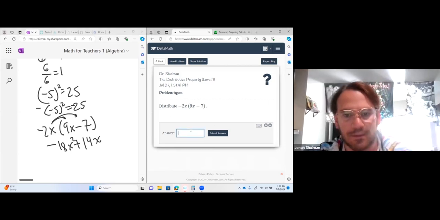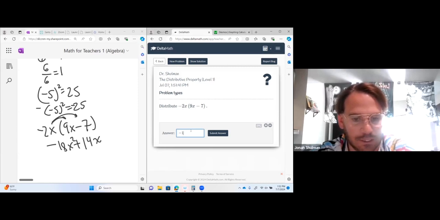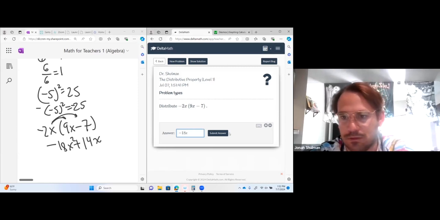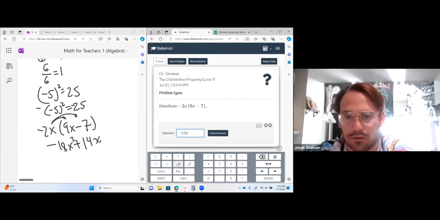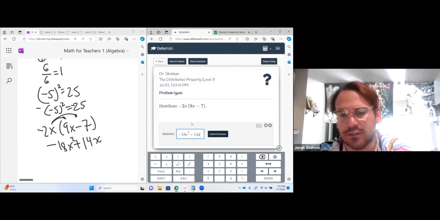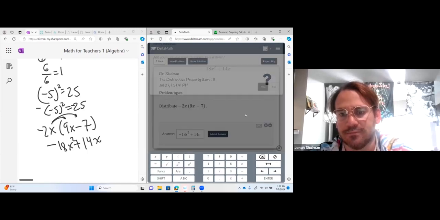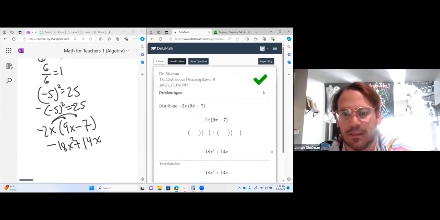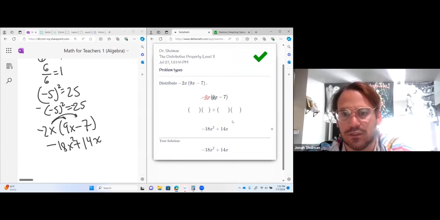That's your answer. So it's -18x squared plus 14x. And going backwards, that's factoring it, because they both have a 2 in common and they both have an x in common. And there it is.